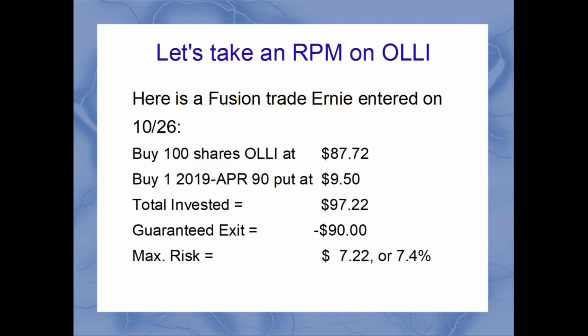Following the radioactive structure, he bought an April 90 put, about 175 days out in time, slightly in the money, and he paid a price of $9.50. So his total invested in the position is $97.22. He's guaranteed, even if Ollie fell to $50 per share, to get $90 back. So the maximum risk, just the time value of the put, is $7.22, or 7.4% of the total investment.